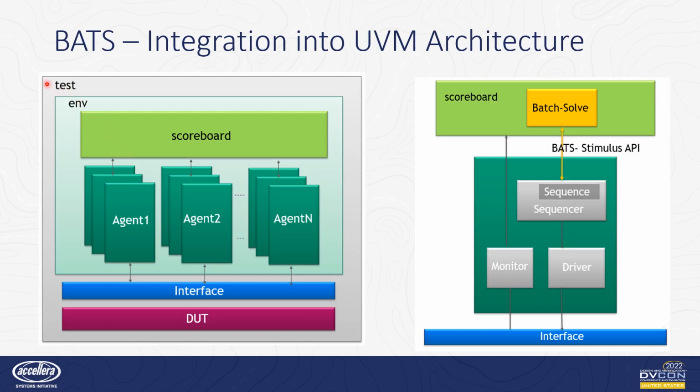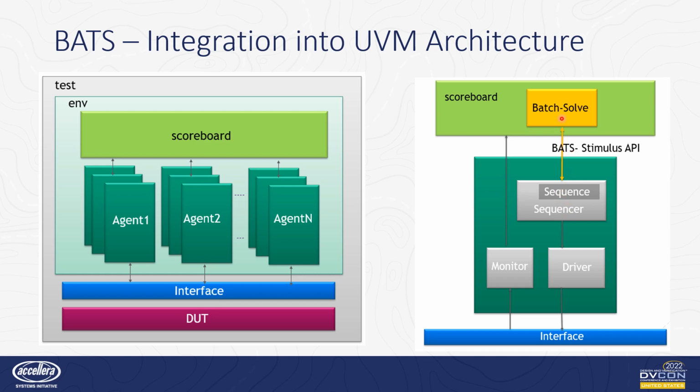This slide shows how BatchSolve can be integrated in the standard UVM architecture. The diagram on the left shows a standard UVM architecture. The diagram on the right shows how BatchSolve is instantiated in the scoreboard, and it has a stimulus API. Every sequence in every agent will have a stimulus API to talk to BatchSolve. So when the sequence generates a memory operation, before sending it to the driver, it will ask BatchSolve for permission.